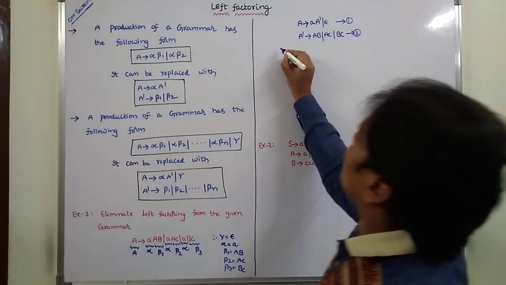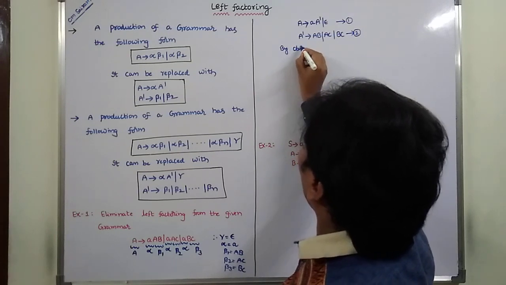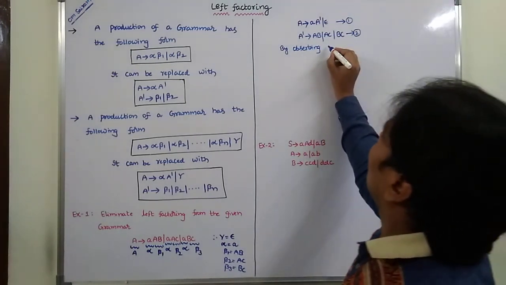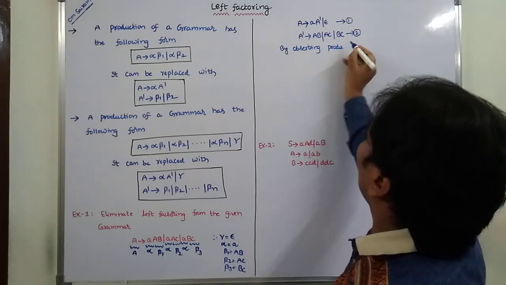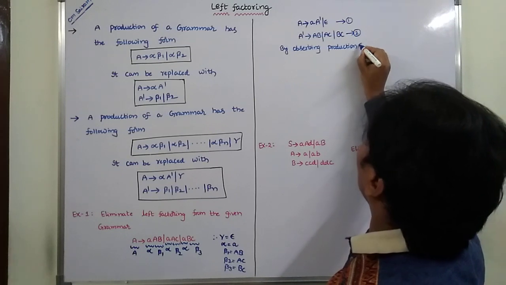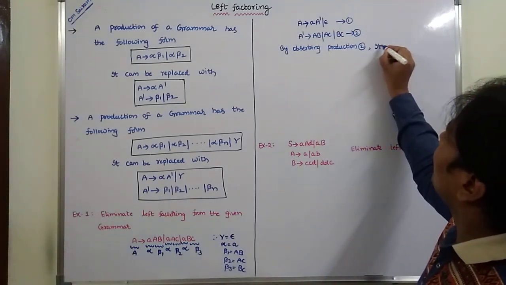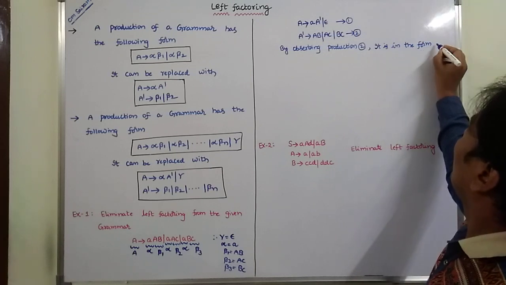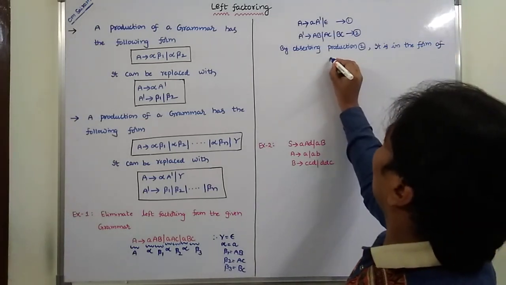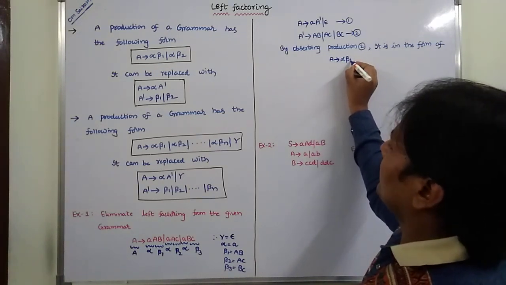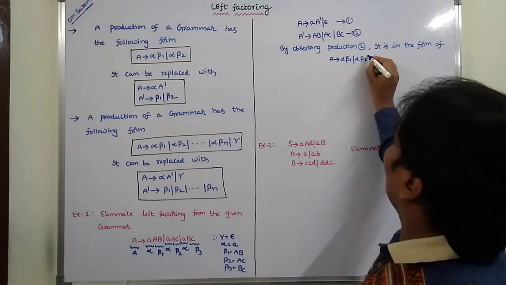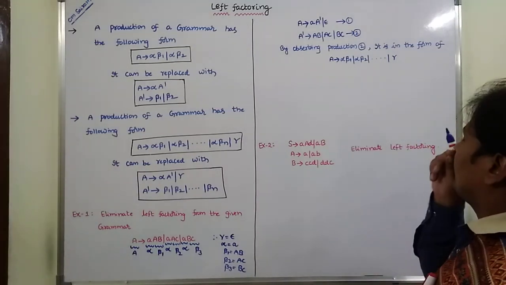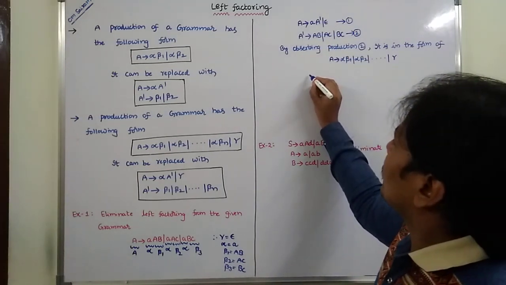Now by observing production 2, it is in the form of A tends to alpha beta 1, alpha beta 2, up to gamma.